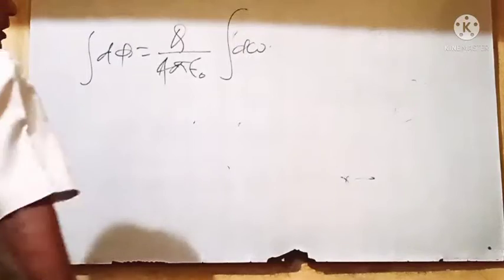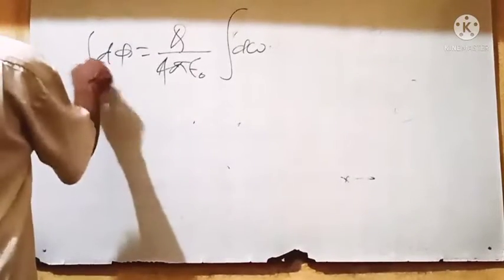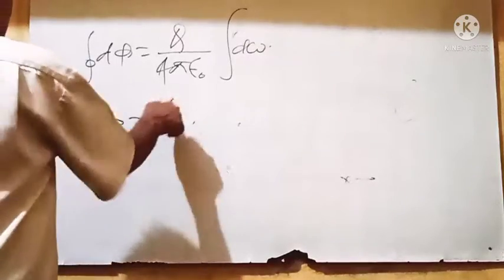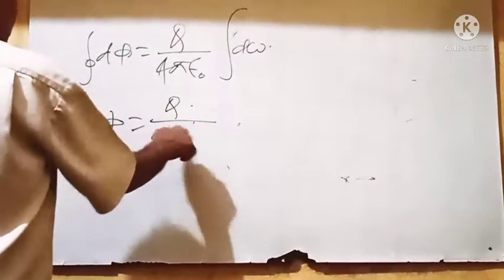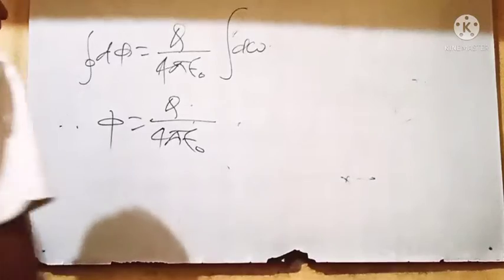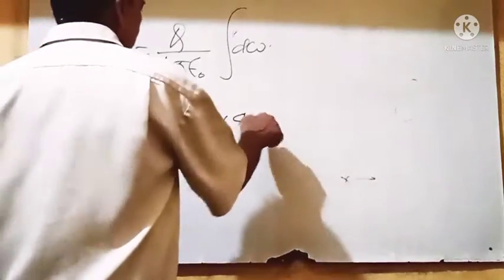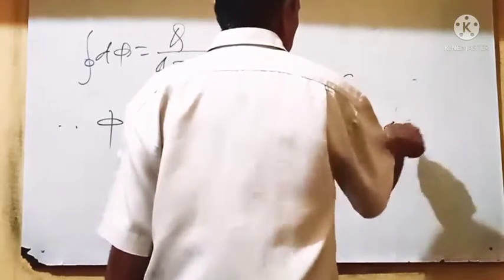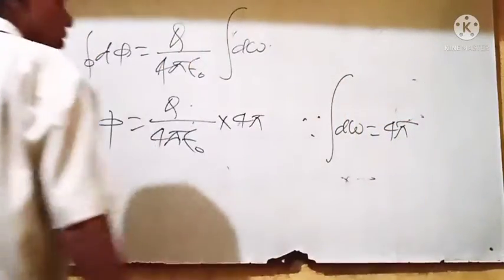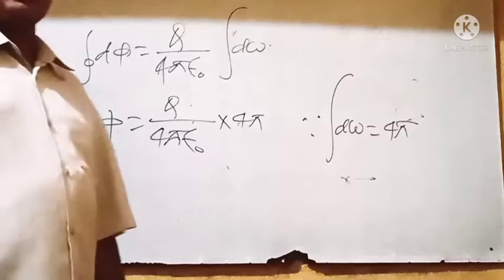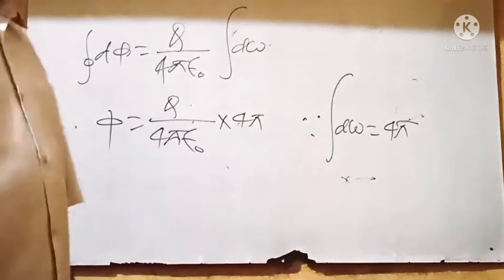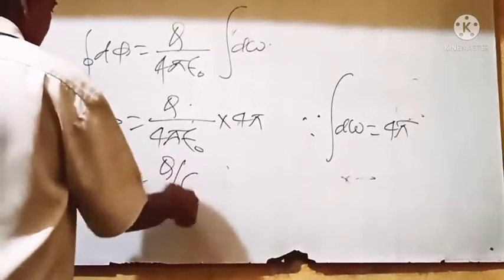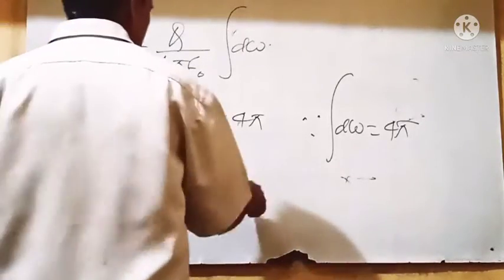That is total electric flux through the closed surface. Therefore, phi is equal to q by 4 pi epsilon naught integration d omega, and since integration d omega is equal to total solid angle, we know that at any point inside the closed surface it is equal to 4 pi. So phi is equal to q by epsilon naught.